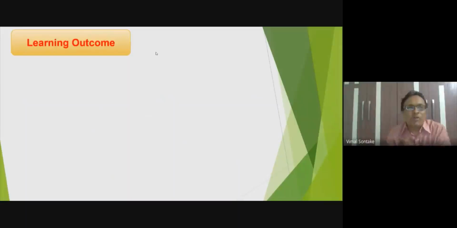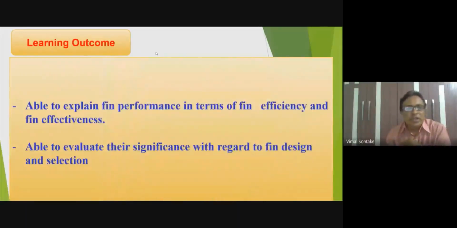So after watching this video, students will be able to explain fin performance in terms of fin efficiency and fin effectiveness, and you will also be able to evaluate the significance of fin efficiency and fin effectiveness with regard to fin design and selection to enhance the heat transfer rate from the base surface.